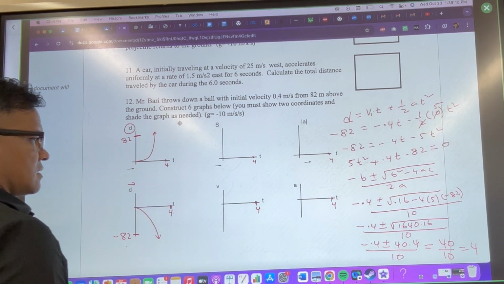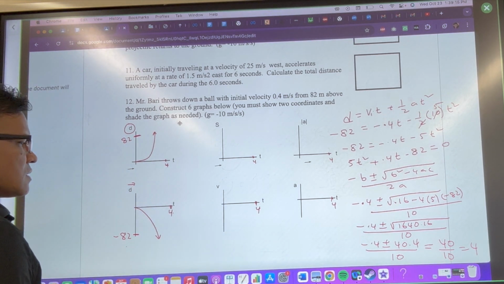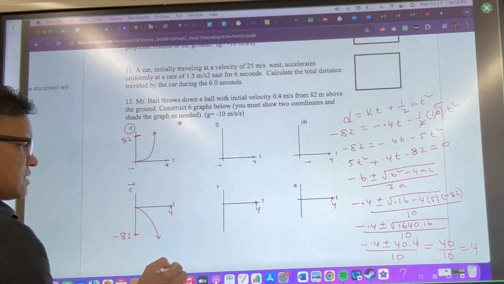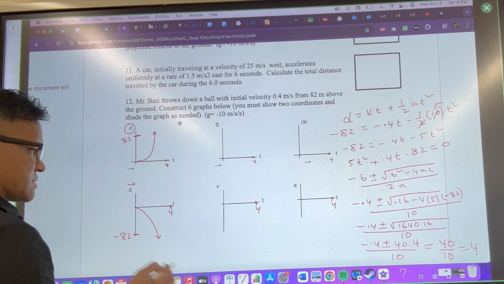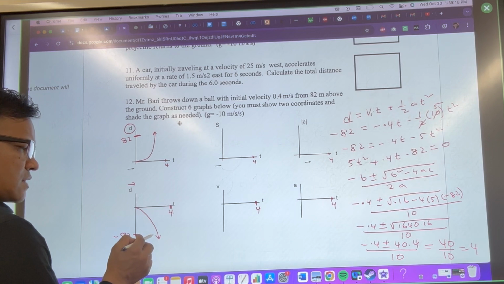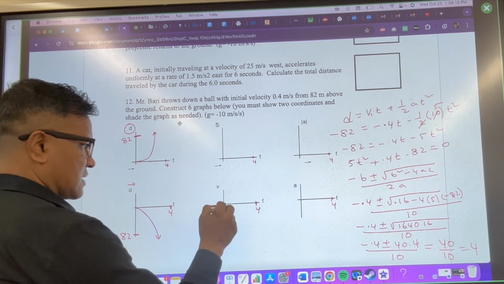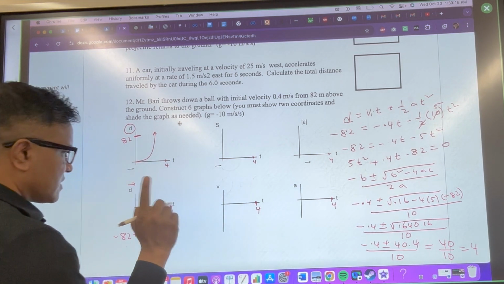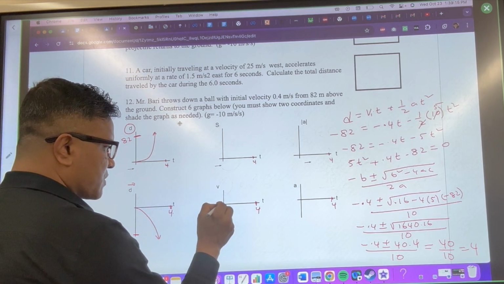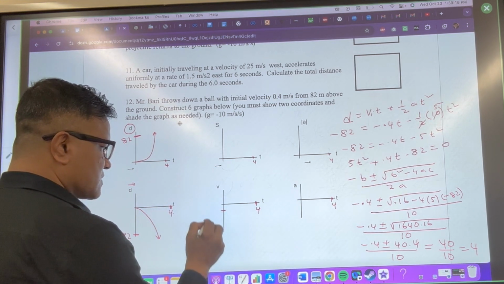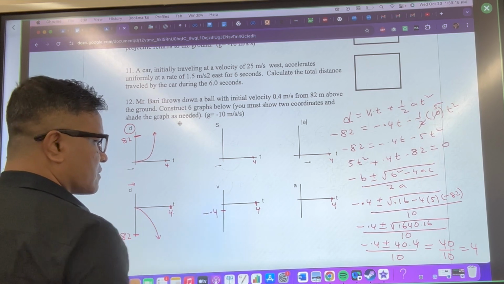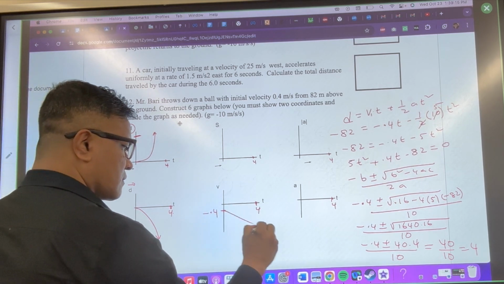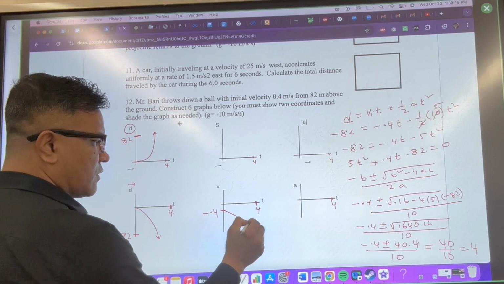Now I'm going to do the velocity. The position is a second degree polynomial, so the velocity must be a first degree polynomial, a straight line. However, you cannot just start from 0, because there is an initial velocity of negative 0.4, and you go down until 4 seconds.